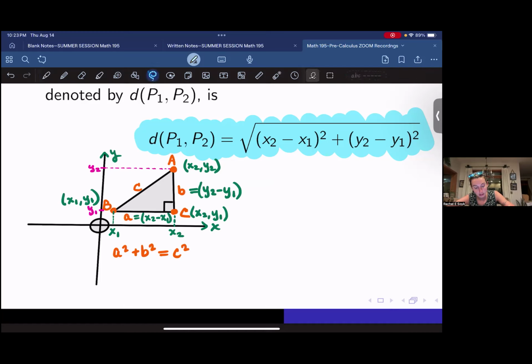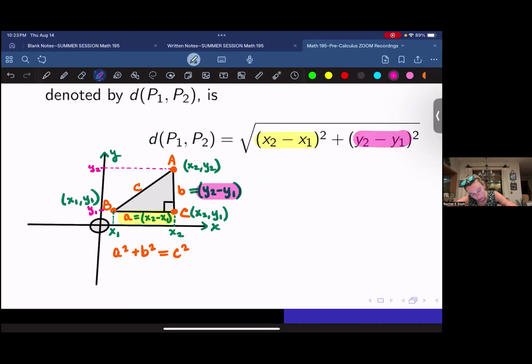So I'm actually going to unhighlight this distance formula and really lean in on, okay, A squared plus our B squared is equal to our C squared.